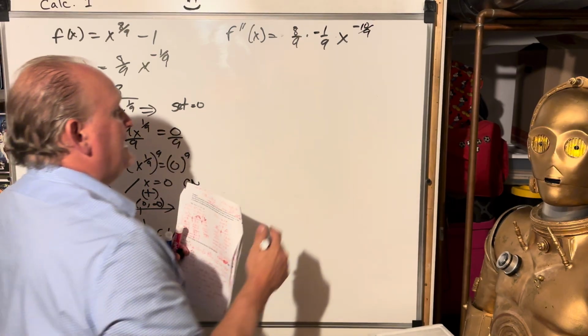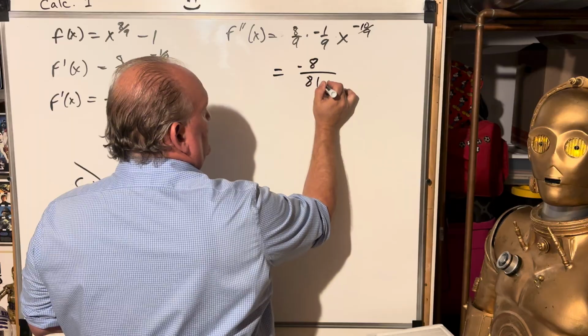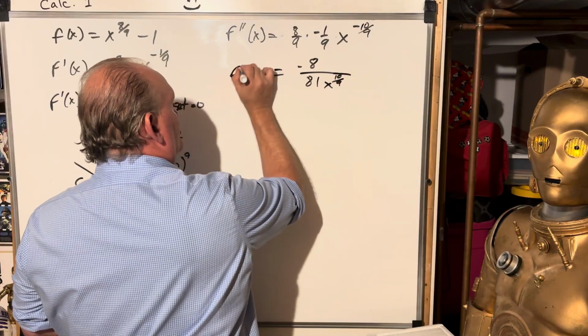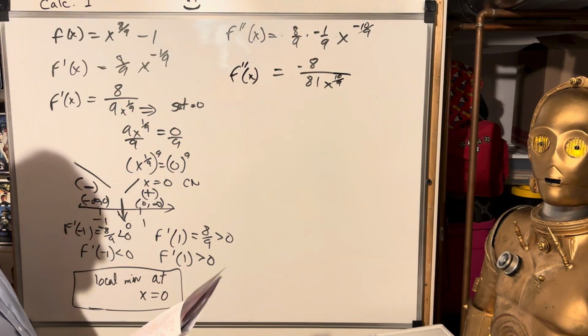So that is negative 8/81 x to the 10/9 on the bottom. That is a doozy.